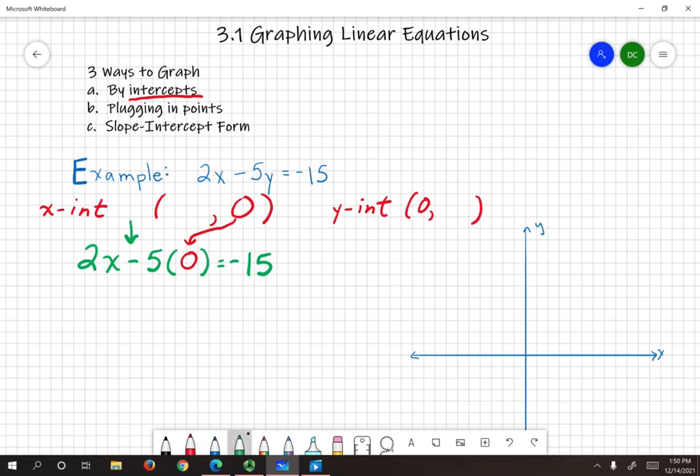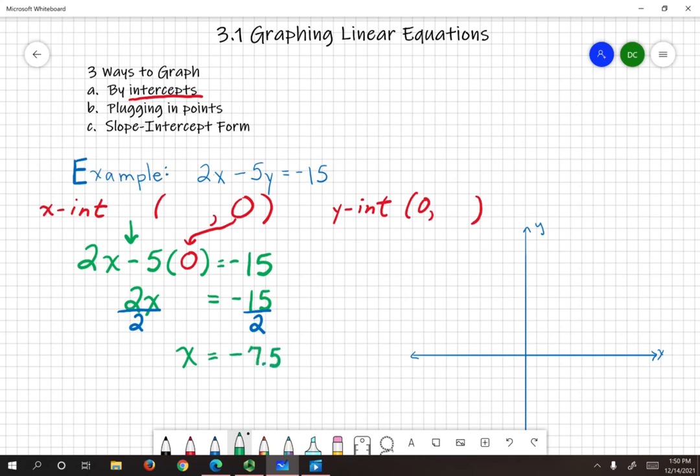And then we're going to solve this. So 2x minus 5 times 0 is 0. So basically, I get 2x equals negative 15. I'm going to divide both sides by 2. And that gives me my answer, which is x equals negative 15 halves.